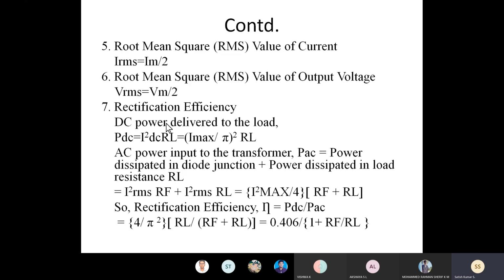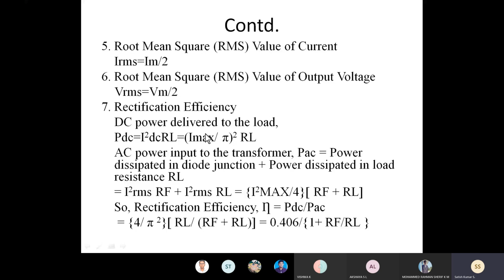So from this, the seventh point is rectification efficiency. I am going to calculate the rectification efficiency for your half-wave rectifier. Here efficiency is output power divided by input power. I am going to calculate the output power first.